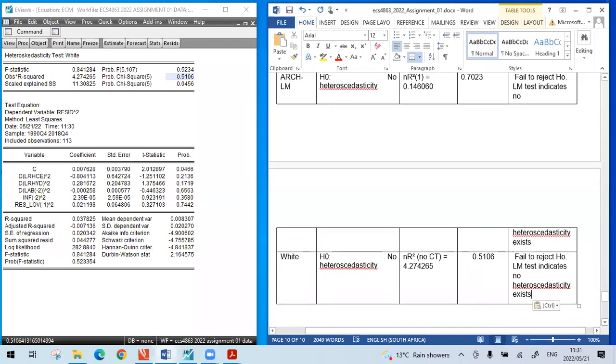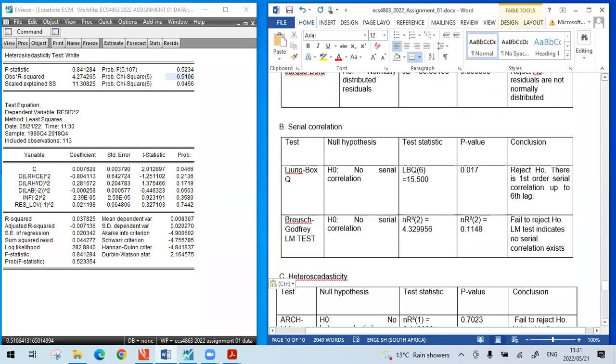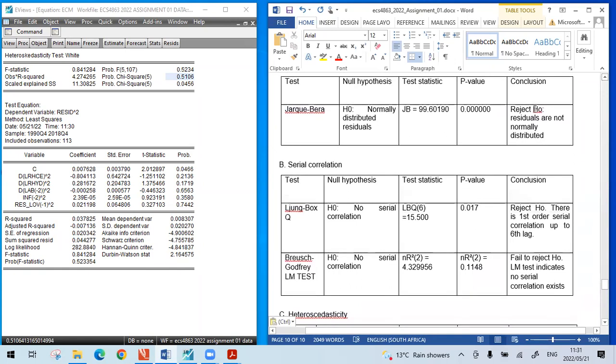Is this a good model? A model that is violating some assumptions, and the serial correlation assumption is an important assumption. It is violating it. Here you are saying there is serial correlation.